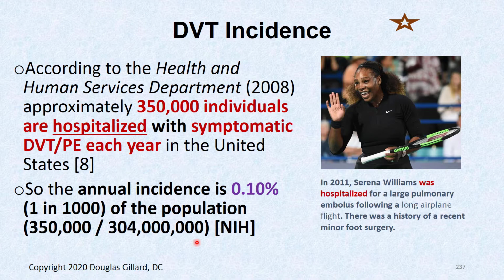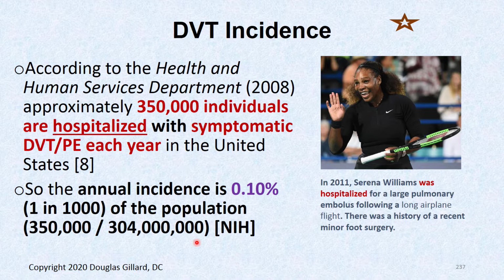According to the Department of Health and Human Services, about 35,000 people are hospitalized in the United States each year. That brings the annual incidence of hospitalization from just a DVT, because it can cause horrible pain in your leg too, to about 350,000.